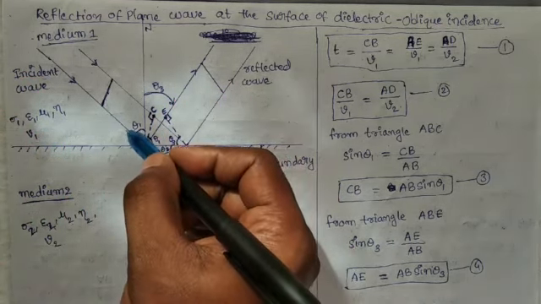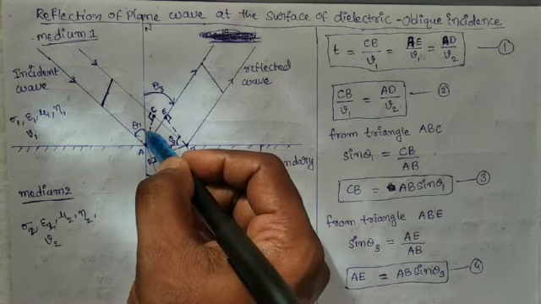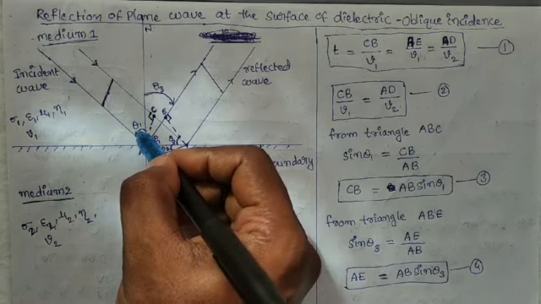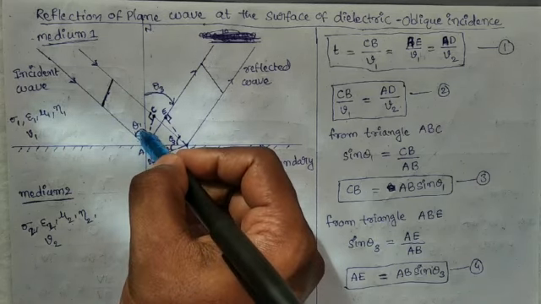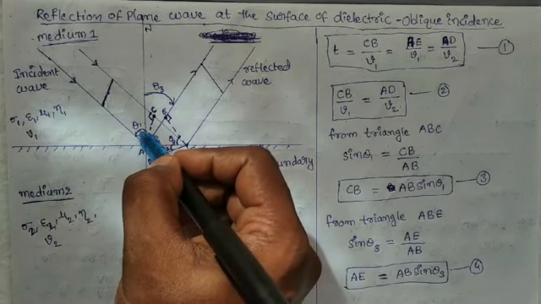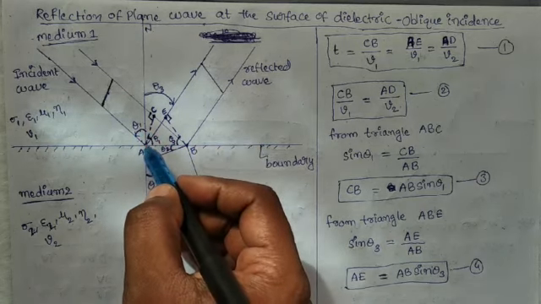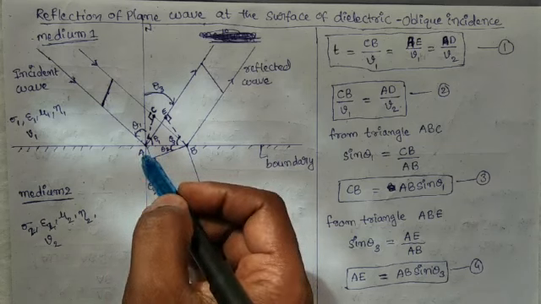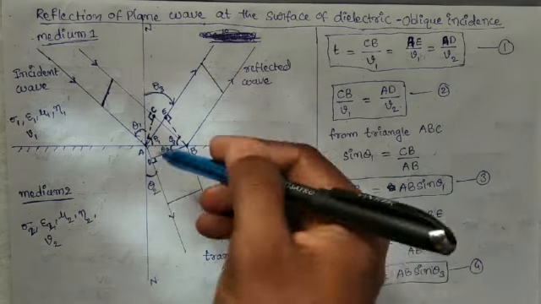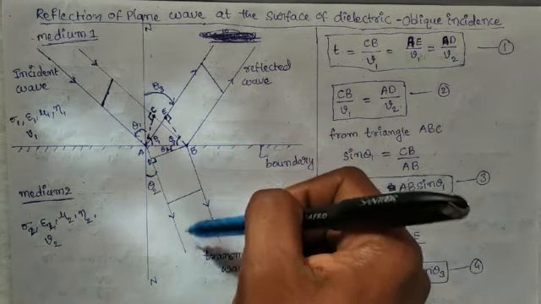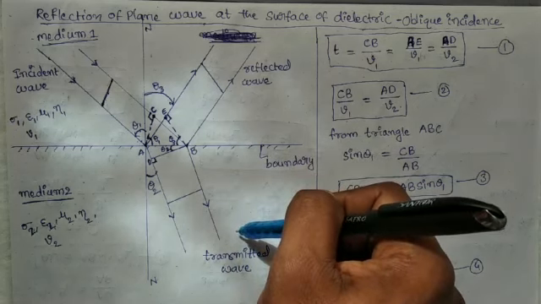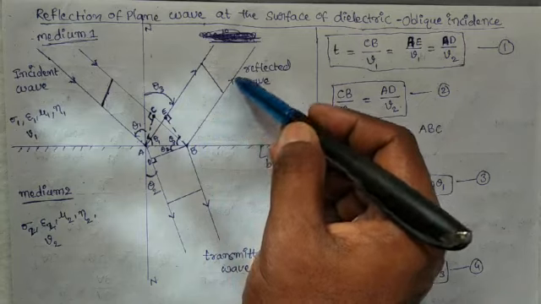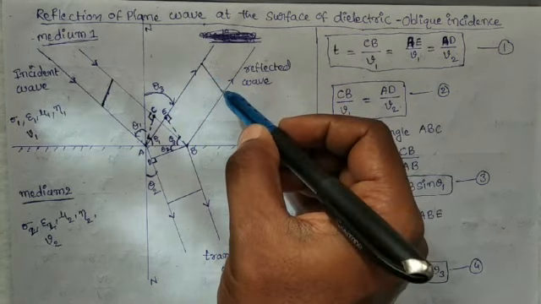Here the incident wave makes an angle with the normal, theta 1. This angle is called the angle of incidence. Part of the wave is transmitted in the second medium, and the remaining part is reflected in medium 1.